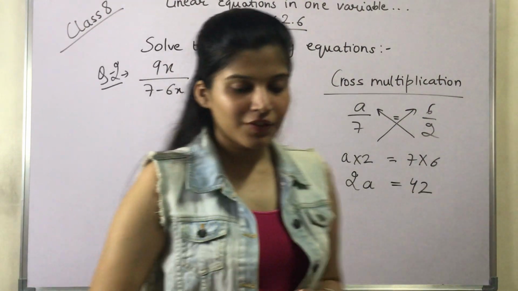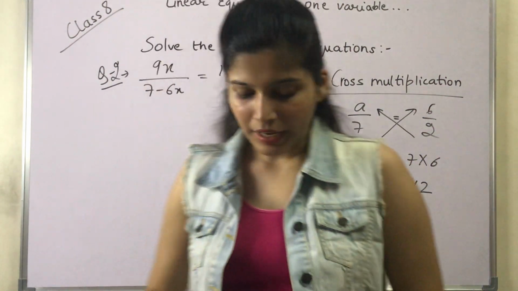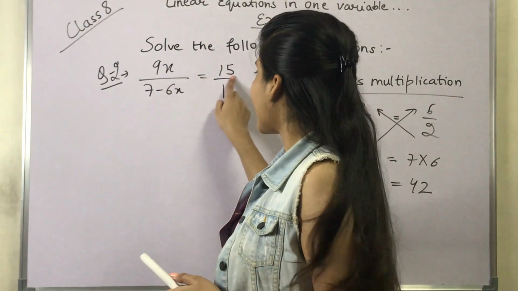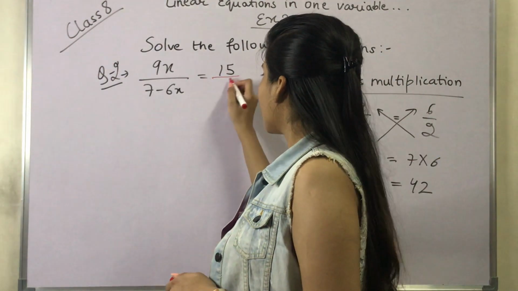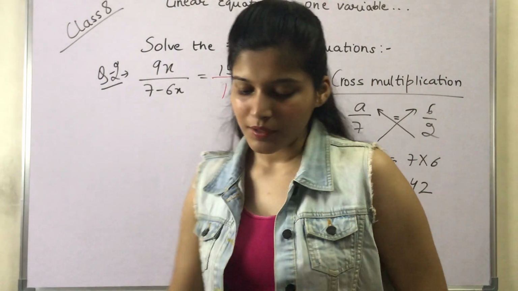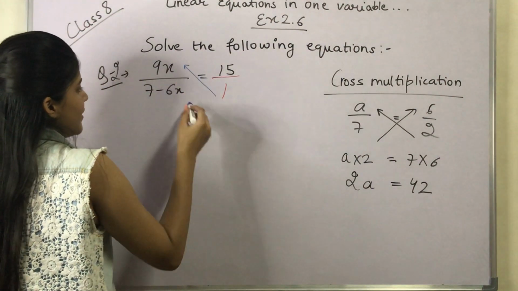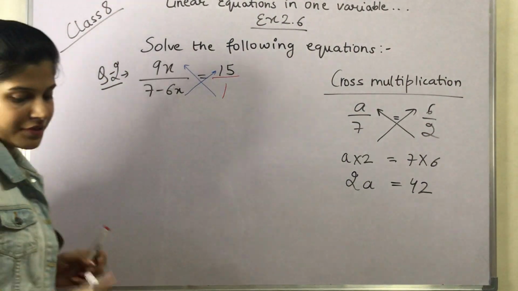Now again we are given numerator, denominator, fraction terms. So we will again cross multiply the numbers, but first let's write the denominator of 15, which is 1. Now we will cross multiply. 9x will be multiplied by 1 and 7 minus 6x will be multiplied by 15.